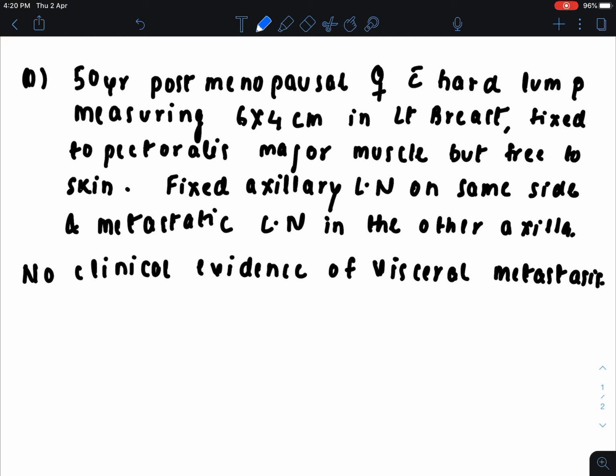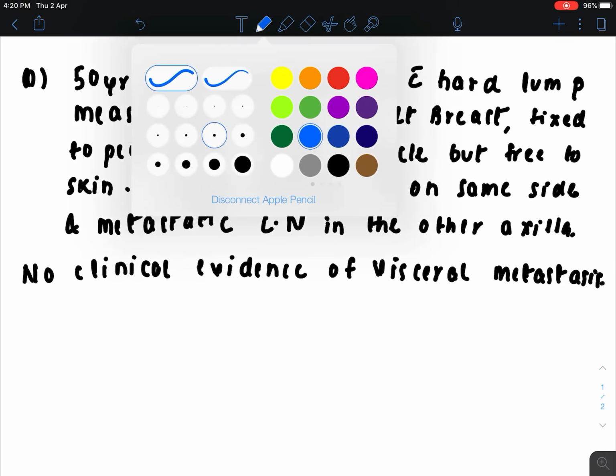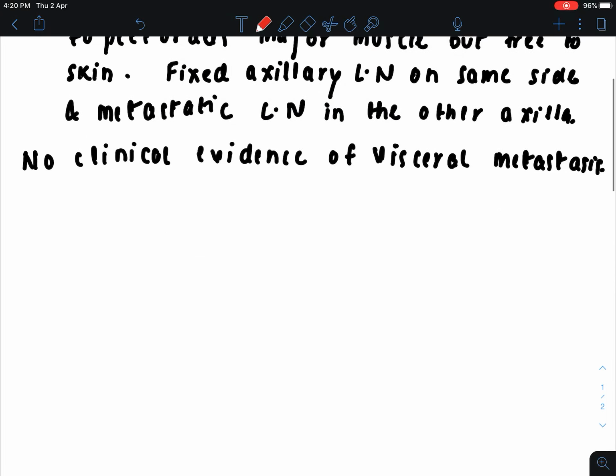Fixed axillary lymph node on the same side and metastatic lymph node in the other axilla, and there is no clinical evidence of visceral metastasis. For few people these questions are easy, but I will make you understand this question better if I teach you all about the TNM staging. So, starting with the TNM staging, then only we can understand this question.